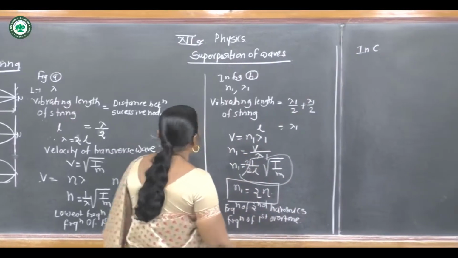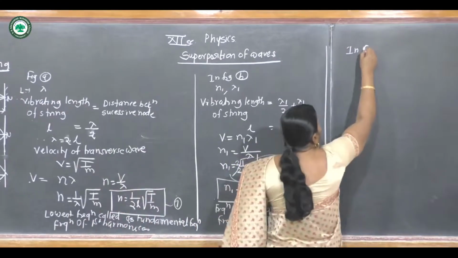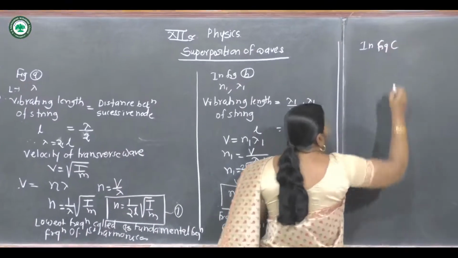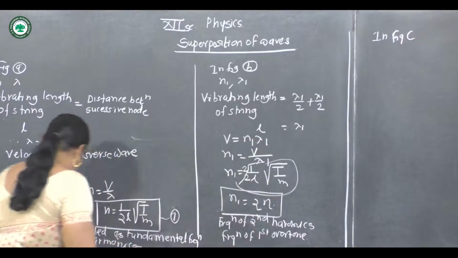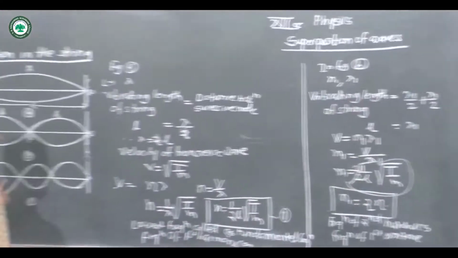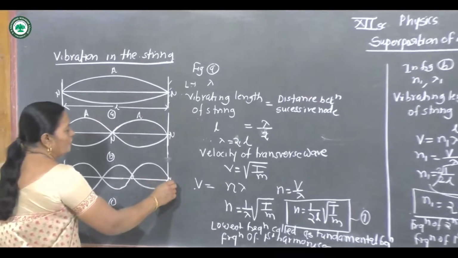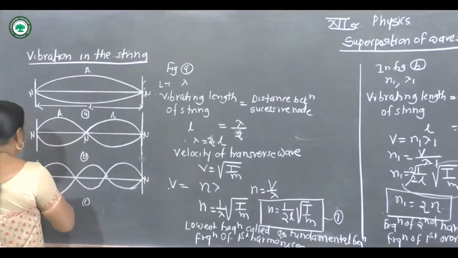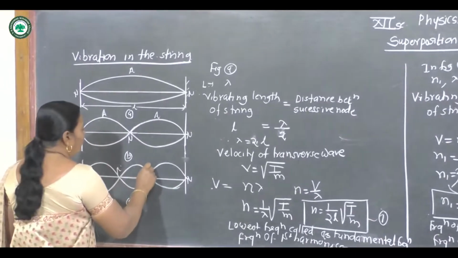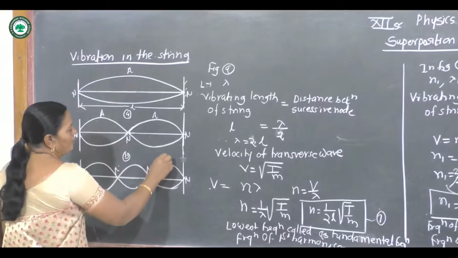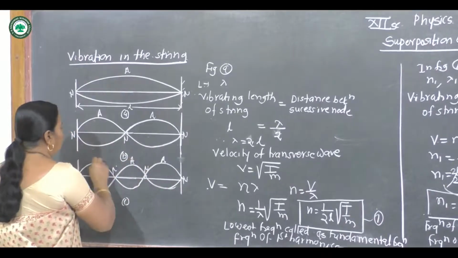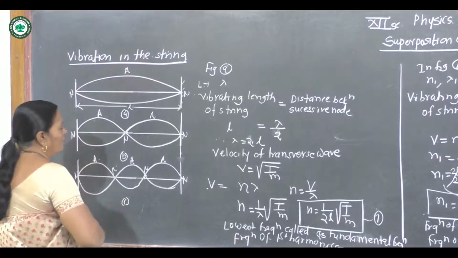In figure C, see the figure, 3 loops are formed. Node is formed at the end, again a node is formed here, a node is formed here. There are antinodes here, here and here.